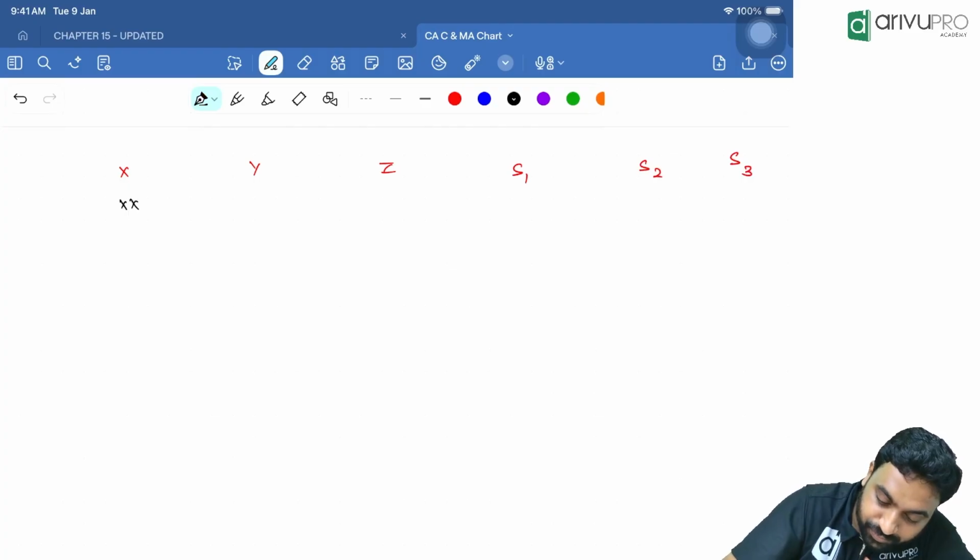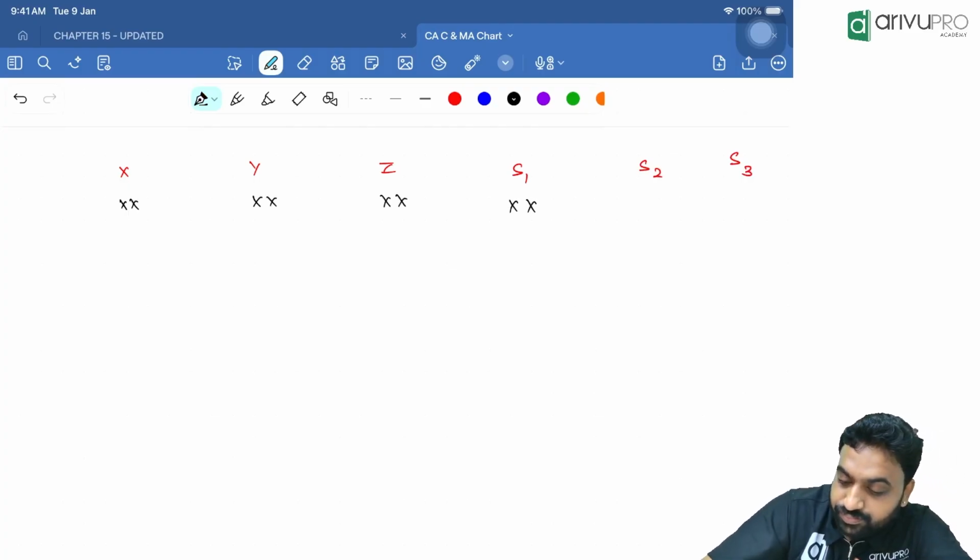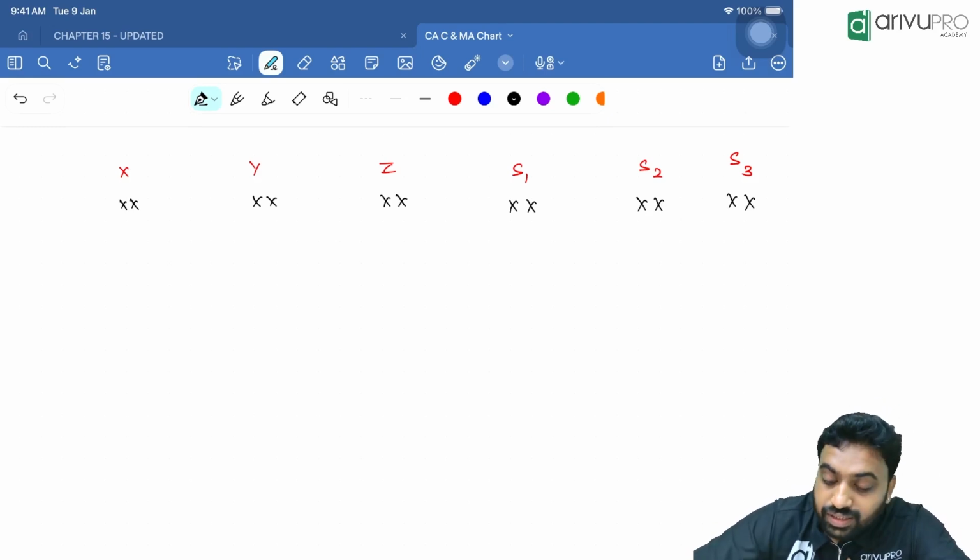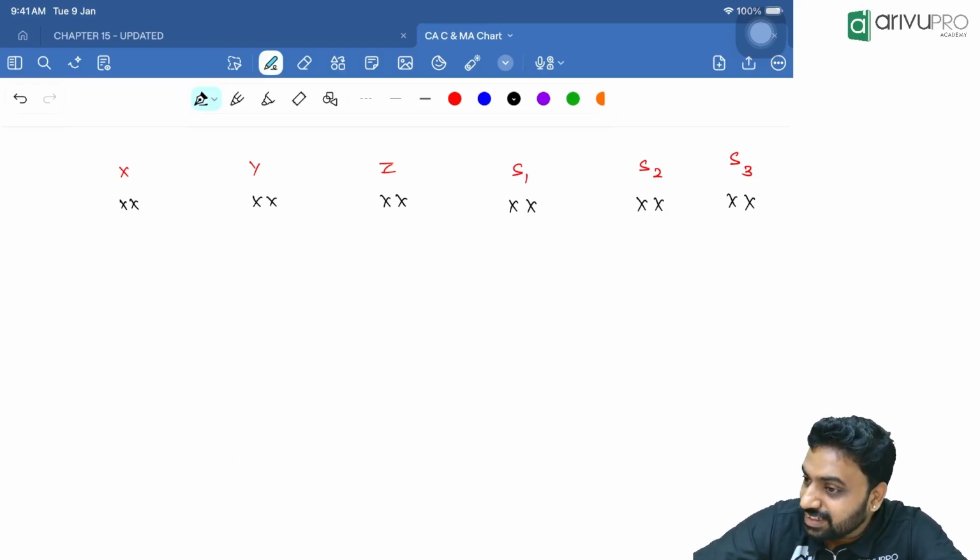Now, service department S1 provides service to S2 as well as S3. S2 provides service to S1 as well as S3. But S3 provides service to only S1. Okay? S3 is loyal. S1 and S2 are not.